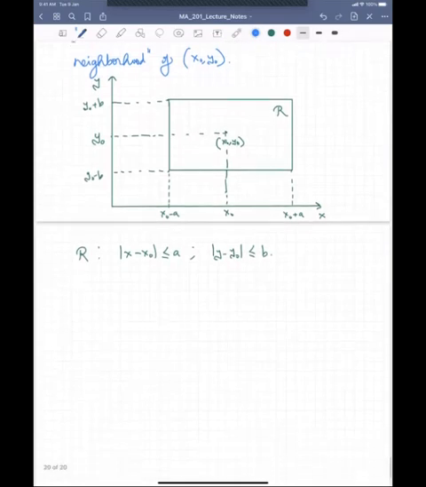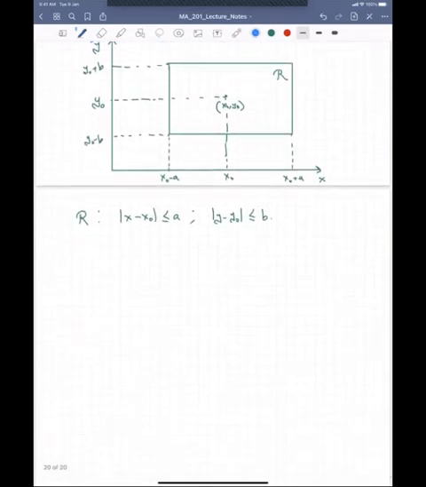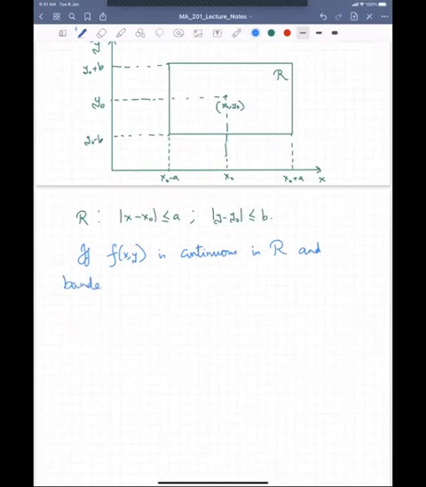The theorem says that if f of x, y is continuous in R and bounded, such that the absolute value of f of x, y is less than or equal to some value k for all x, y belonging to R, then a solution exists.